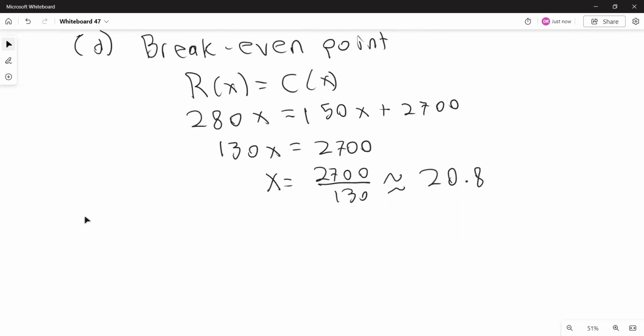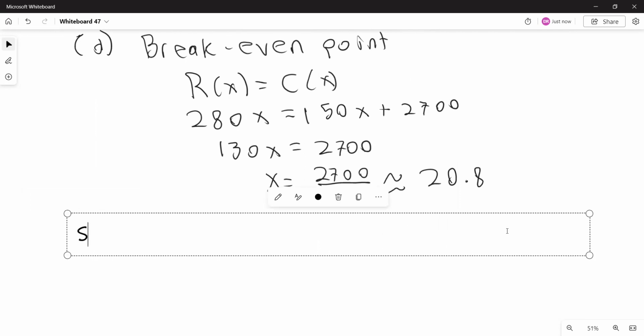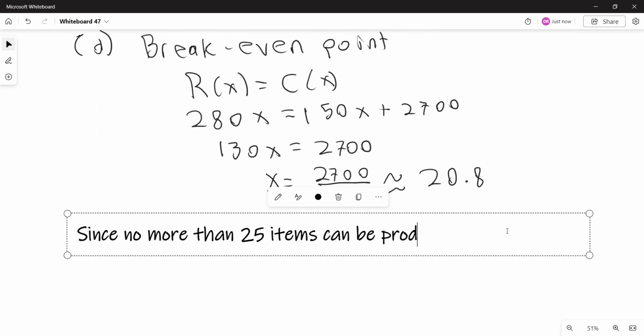So since no more than 25 items can be produced, or can be sold, the product should not be produced.